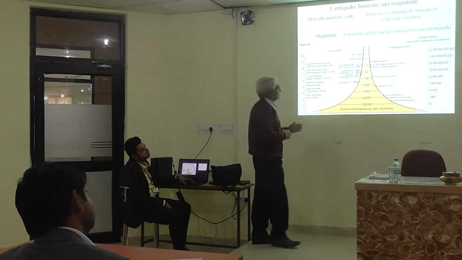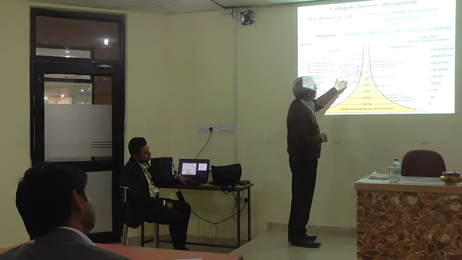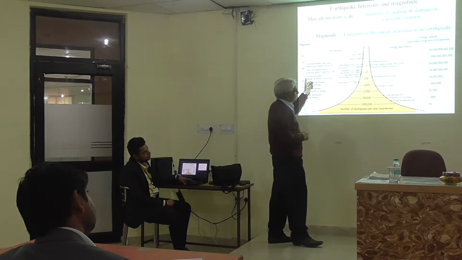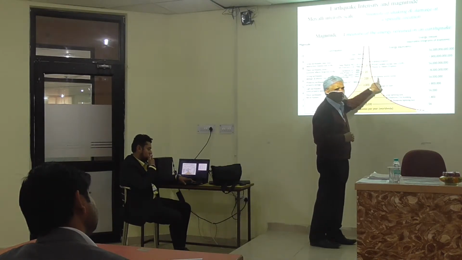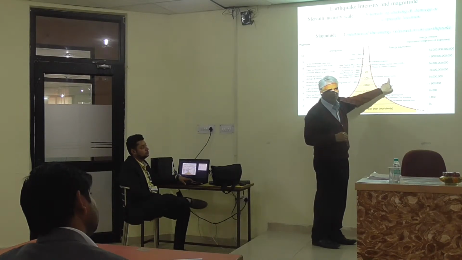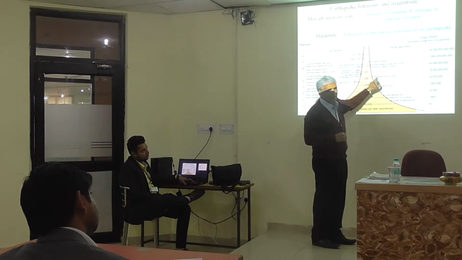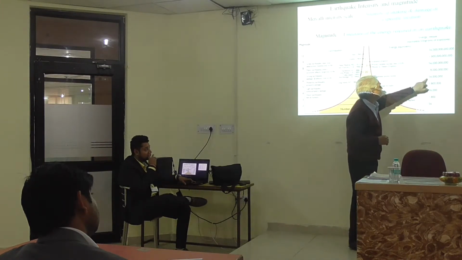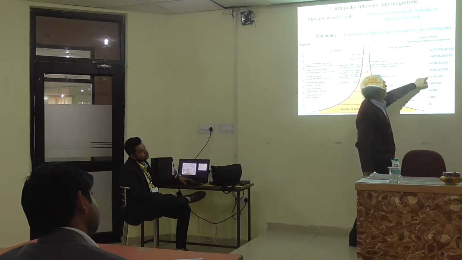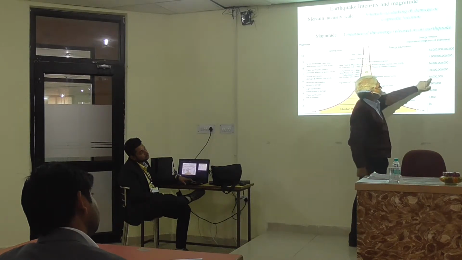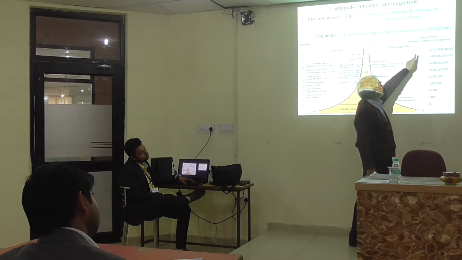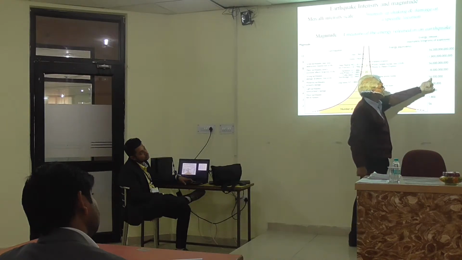What I want to show you here is that the energy released at 6 to 7 is equal to what exploded in Hiroshima, an atomic bomb explosion. That is equal to the energy released when you explode an equivalent quantity of explosives.